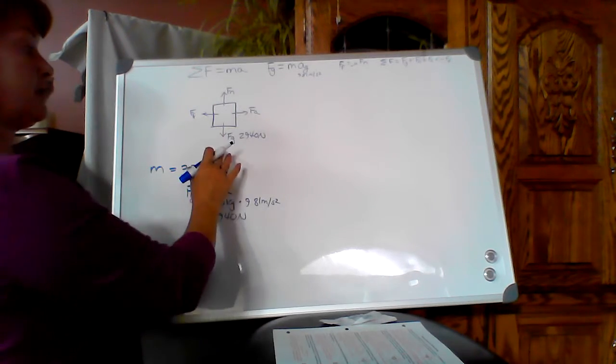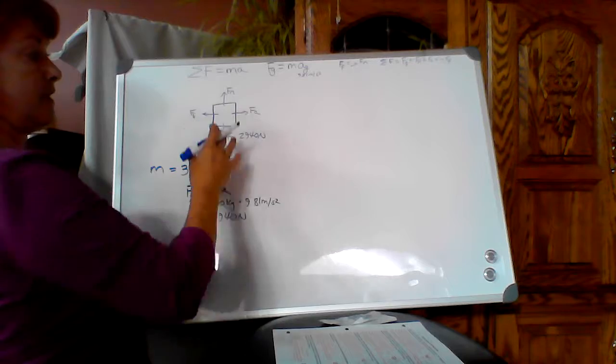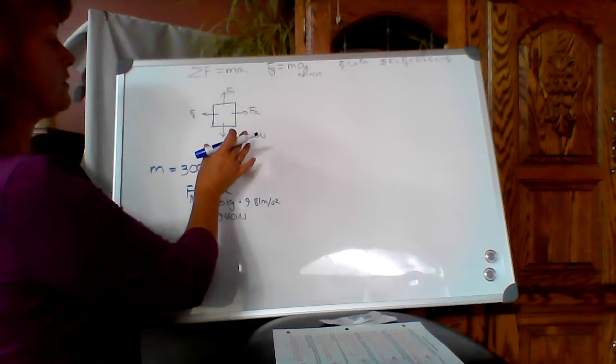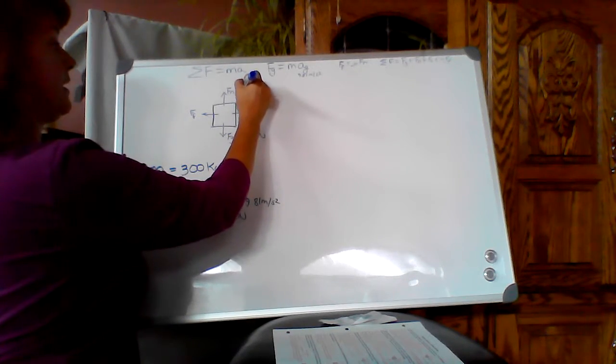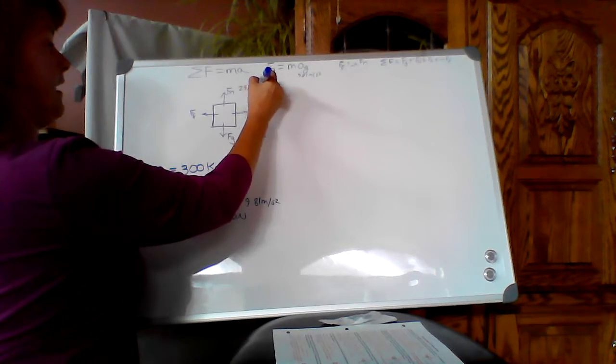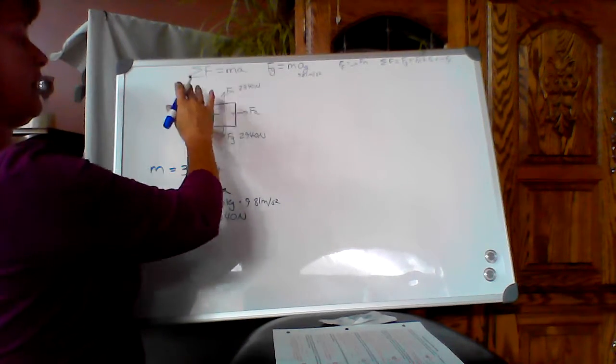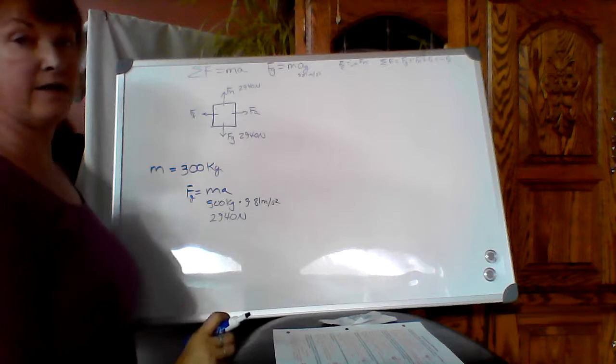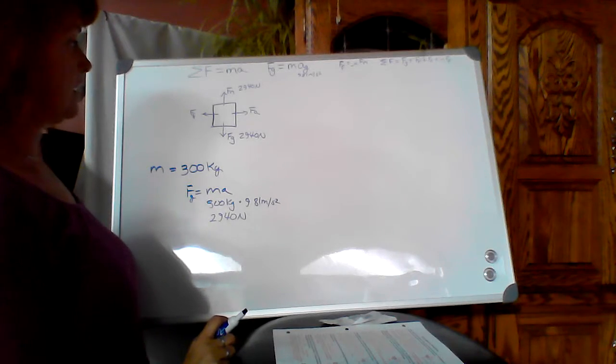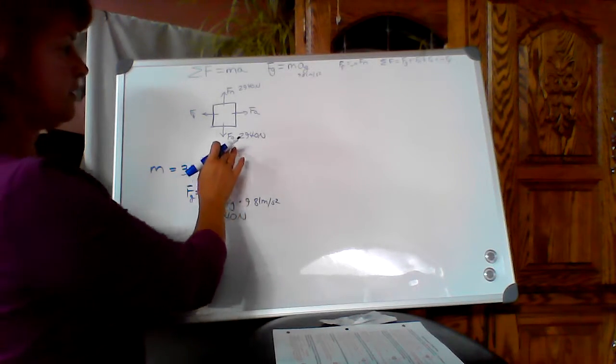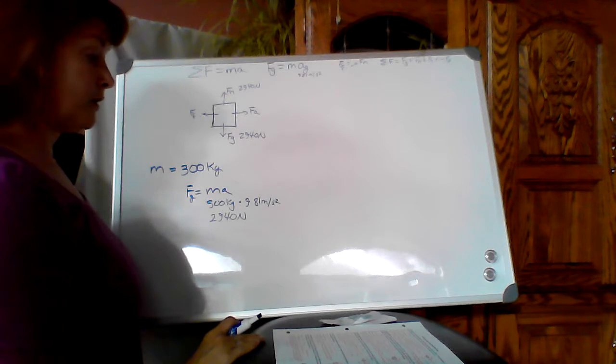Now we also know that this is not floating off in the sky and it's not plunging through the crust of the earth, so the normal force is going to be equal and opposite of that. So we've drawn the arrow so we don't have to put a negative sign. Remember, it is just going to tell us direction at this point. So we know those two values. What else were we given?